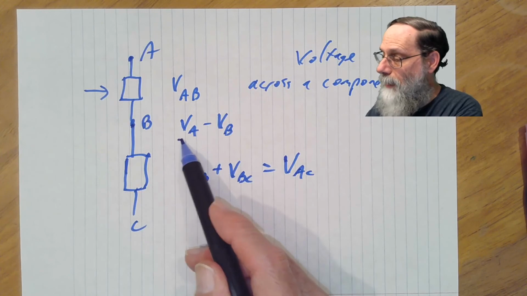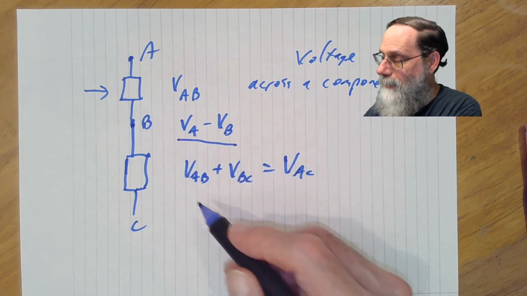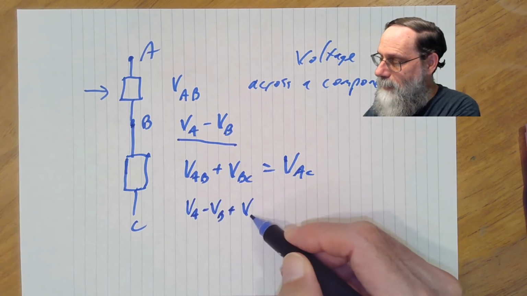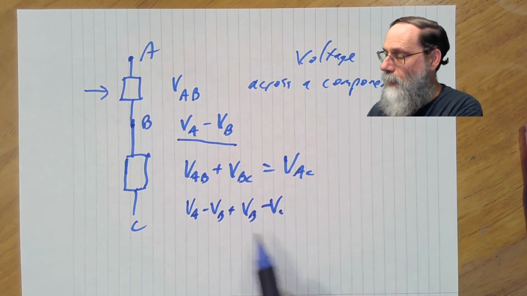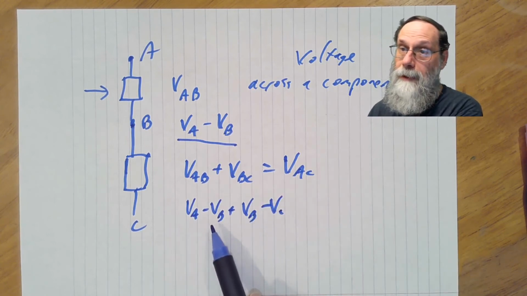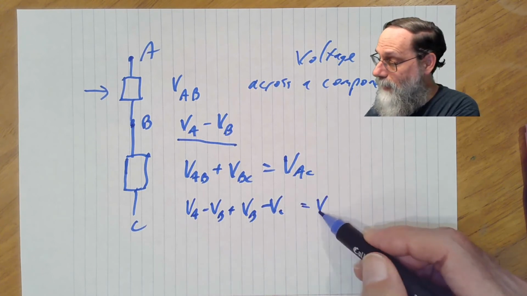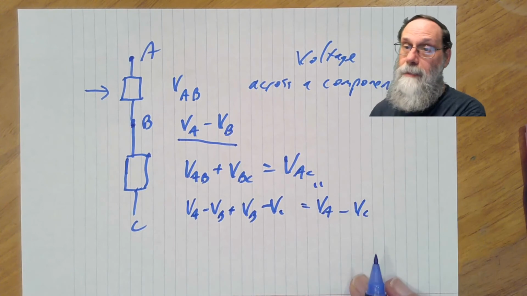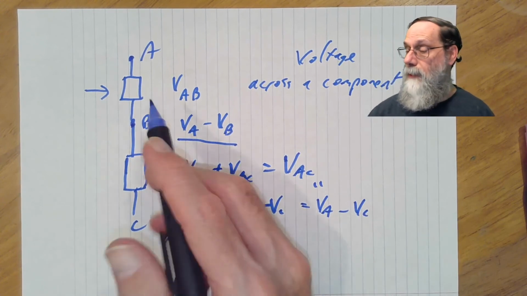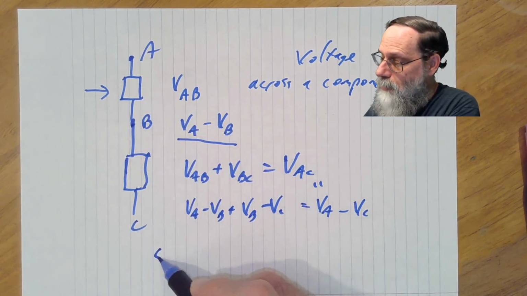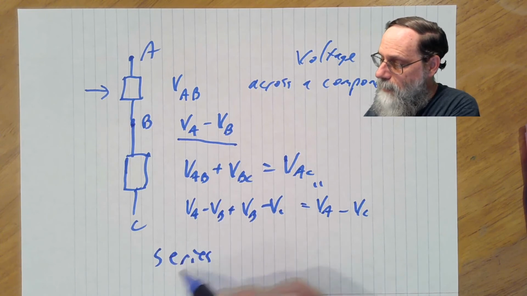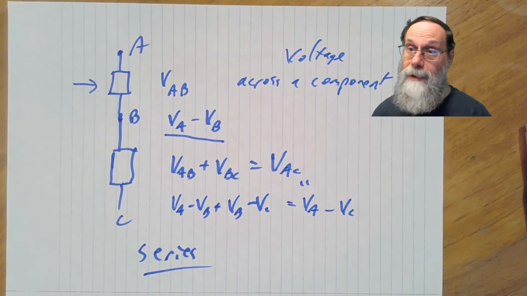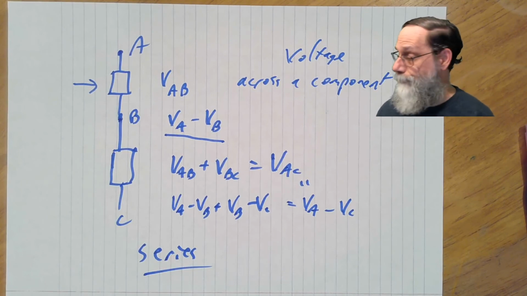And if you write it out as this difference, VA minus VB plus VB minus VC, you can see that the plus VB minus VB cancel, and you get that this is VA minus VC, which is exactly what VAC means. Okay, so this sort of connection is known as a series connection. And the property of series connections is that the voltages add.